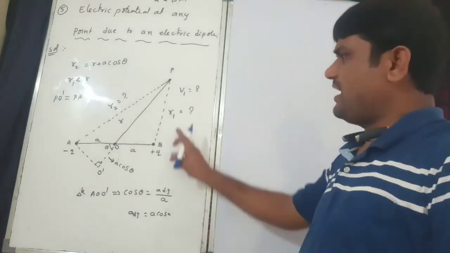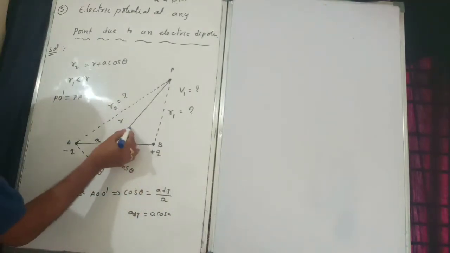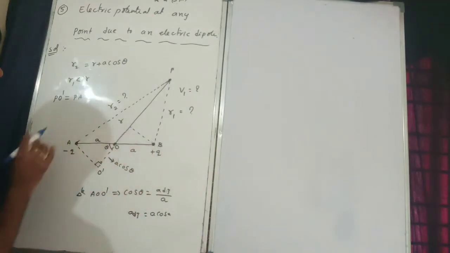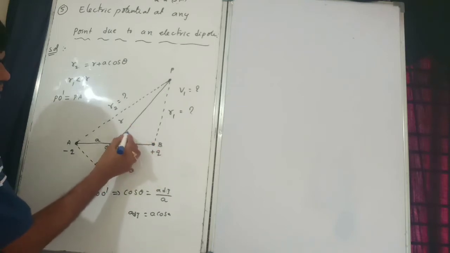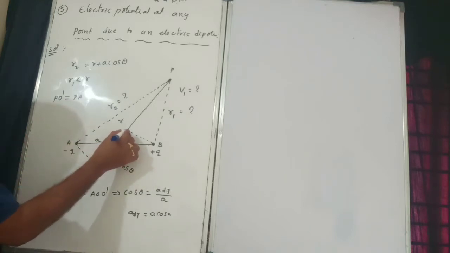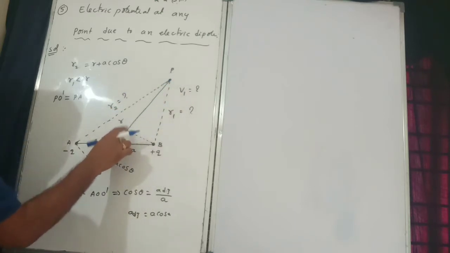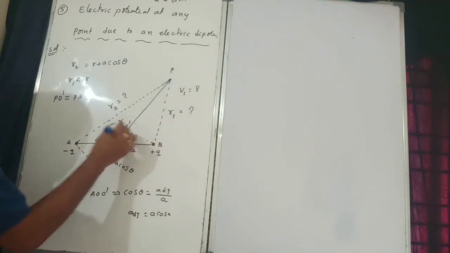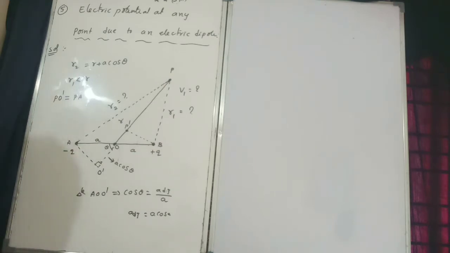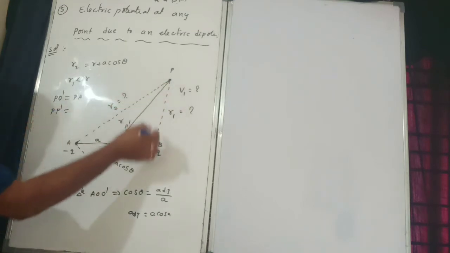Similarly, I want R1. R1 is obviously less than R. So that's why here also I can draw a perpendicular line. Alright? So here P2 O, P2, I will give P dash. That is the P dash. Now, P dash is equal to PB.